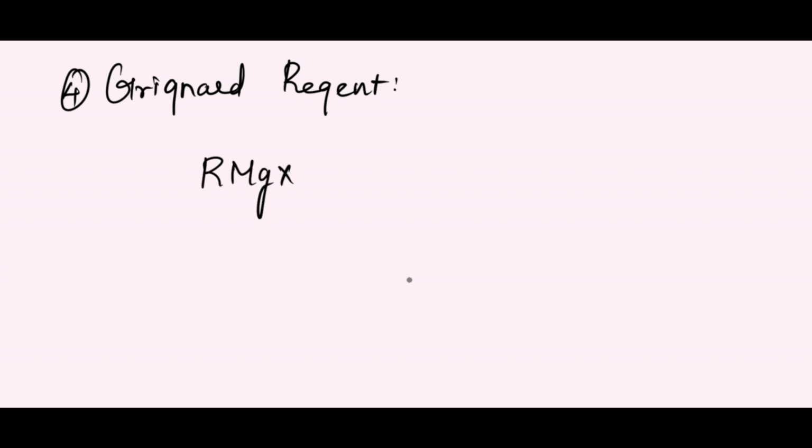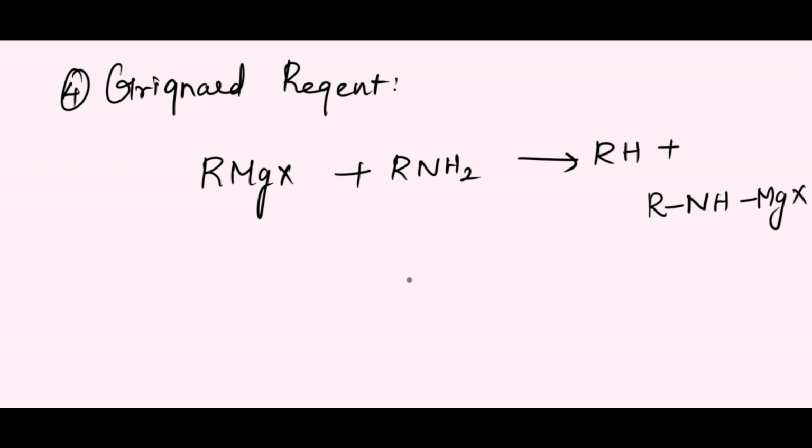RMgX with amine gives RH with R, NH, Mg X. The same thing goes for the secondary amine as well. And the fifth super important reaction is the carbylamine reaction.